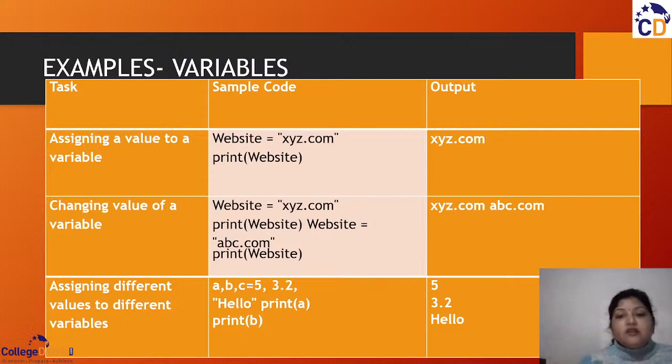Now in this you are printing the value of A, B and C. So it is basically going to print whatever you have given in the print function. You have written print A, then later on you print the value of B. So this is how it is going to print it.